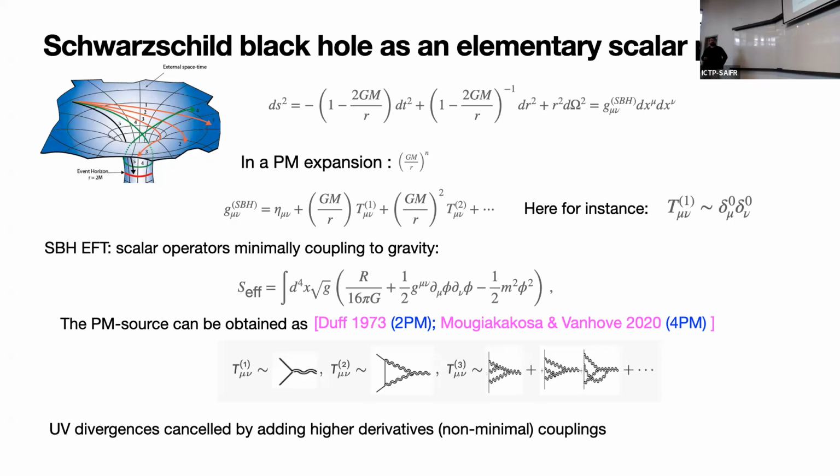For instance, back in the 70s, Duff did this at 2PM order, and this has been extended to 4PM order already. So the idea basically is that if you were able to go to all orders in perturbation theory, you should be able to recover the horizon of the Schwarzschild black hole.